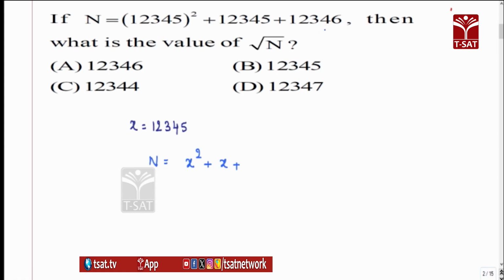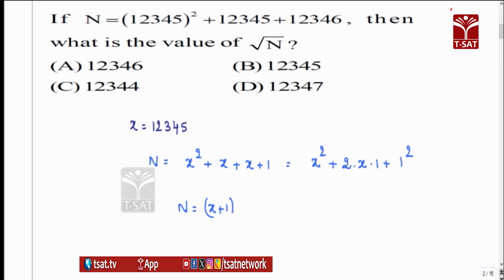You have 12346, which is 12345 plus 1, so I am going to write it as x plus 1, which you can further write as x square plus 2 into x plus 1 square, or else you can write it as x square plus x into 1 plus 1 square. Now it is in the form of (a plus b) whole square, where a is x and b is 1. Therefore, I can write n is equal to (x plus 1) whole square.